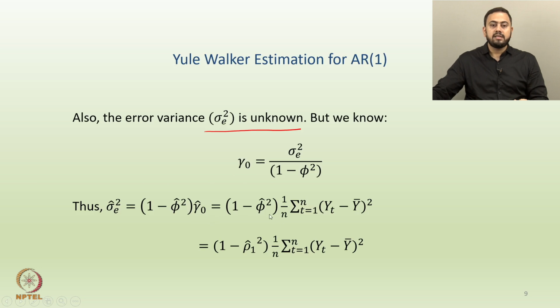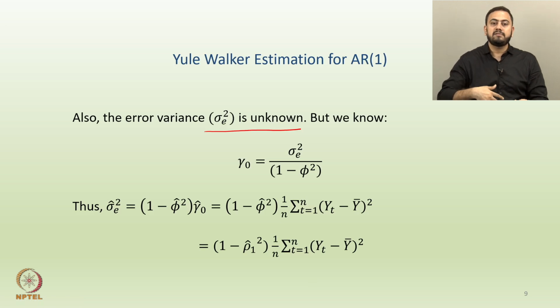And now I can replace my gamma 0 hat, because gamma 0 hat is the estimated variance of the AR1 model, by the sample variance, which is 1 by n summation yt minus y bar square. And then I can replace my phi hat by rho 1 hat, which we saw from the earlier equation, because phi is nothing but rho 1.